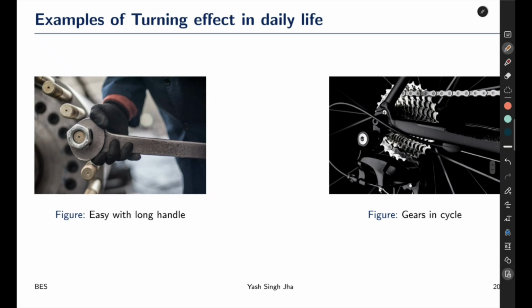Moving ahead, some more applications. First, we always use a spanner with a long handle. Why? Because we know that torque is force times displacement. So to produce the largest torque, we can increase either our force, which demands a lot of effort, or the distance between the axis of rotation and the handle, the point of application of the force.